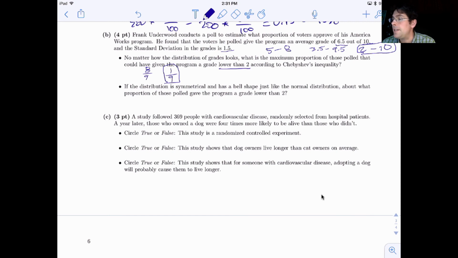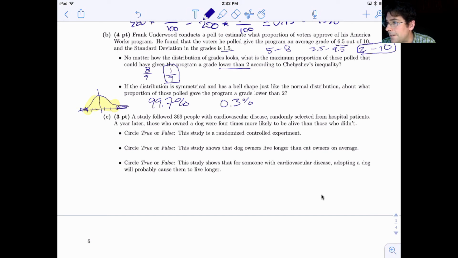Okay, if the distribution is symmetrical and has a bell shape just like a normal distribution, what proportion of those polled gave the program a grade lower than 2? In a bell-shaped distribution, we know more than just Chebyshev's inequality. We know that if you go out 3 standard deviations, the total amount in the range of 3 standard deviations is 99.7%, which means outside of the range is 0.3%, but that accounts for the ones that are above and the ones that are below.